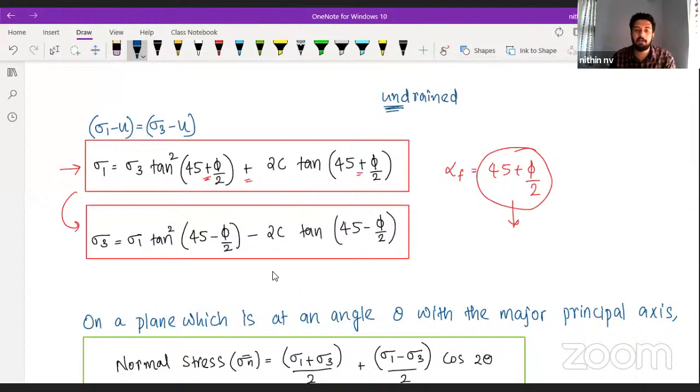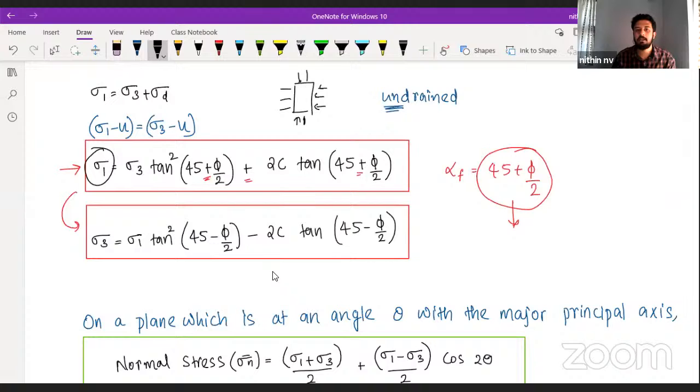If it is an undrained test, they can ask you what the pore pressure is. They can give you sigma 1 and everything, and simply ask. One more thing you should remember: sigma 1 can also be written as sigma 3 plus sigma d. This sigma 3 stands for the lateral confining stress, which we give on all sides in a triaxial test.